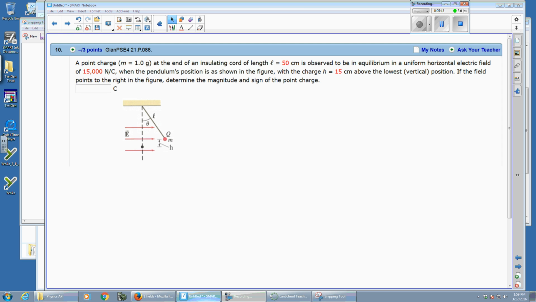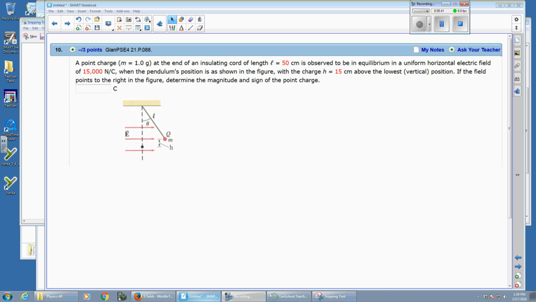A point charge of mass 1 gram at the end of an insulating cord of length 50 centimeters hangs in an electric field. The pendulum position is shown in the figure, where h is above the lowest vertical position, and the field points to the right. The figure determines the magnitude and sign of the point charge. Ah, it's in equilibrium, which means all the forces have to balance on it.